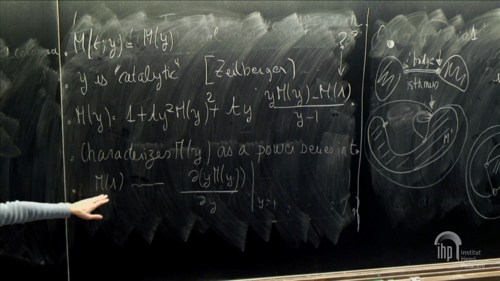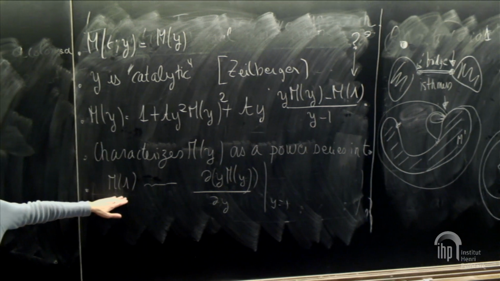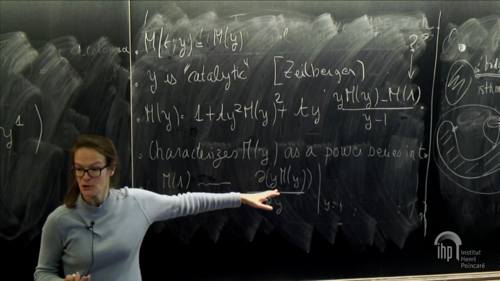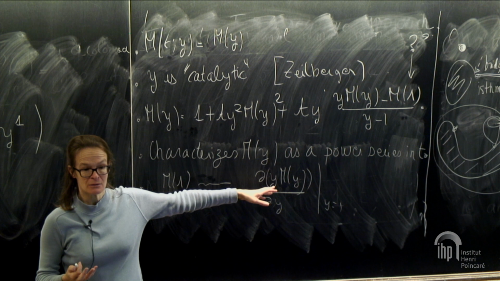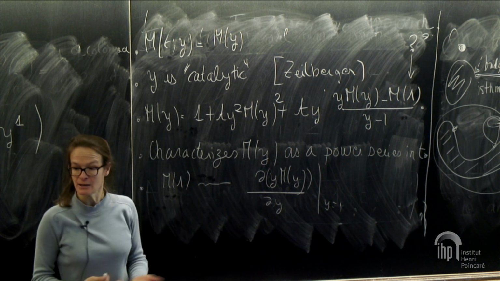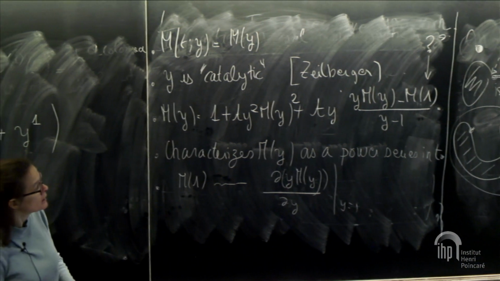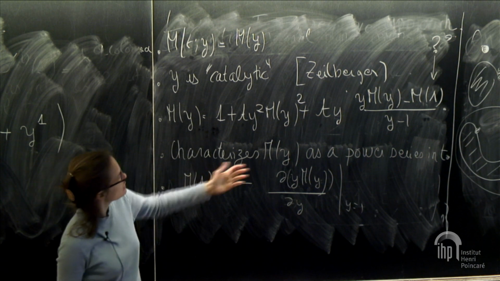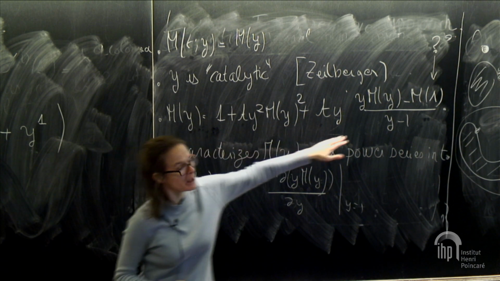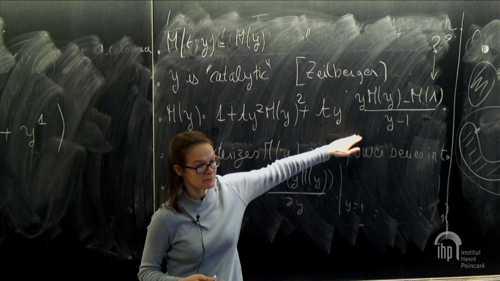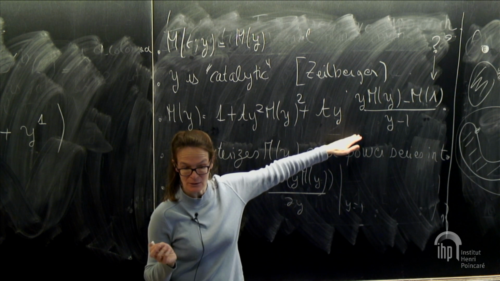So you'll have your unknown function given in terms of m prime of 1. You could iterate that, but there's no obvious solution. Another temptation is to multiply the whole equation by y minus 1, and then set y to 1.